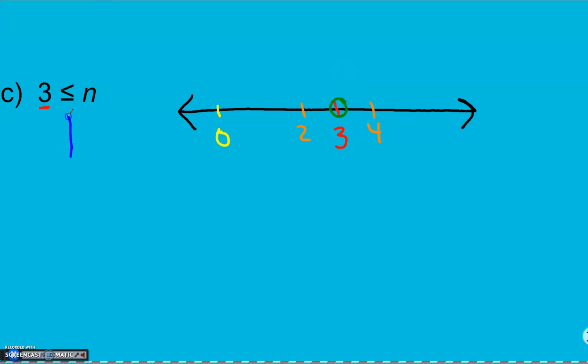I look at my inequality here. It's equal to, so I fill in my circle. Since the equal to line is filled in on my inequality, I fill it in on my graph as well. Now, we want 3 to be less than our numbers. So 3 is less than 4 and 5 and 100, anything bigger. So we shade everything on the same side as our solution of 4 there as our test point.